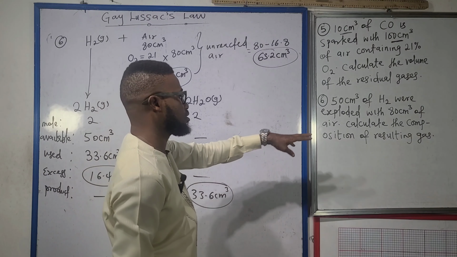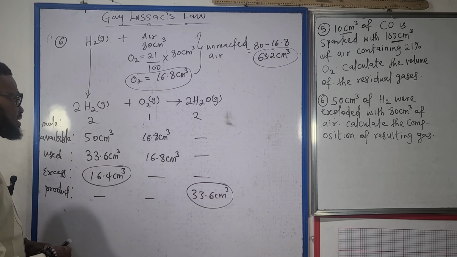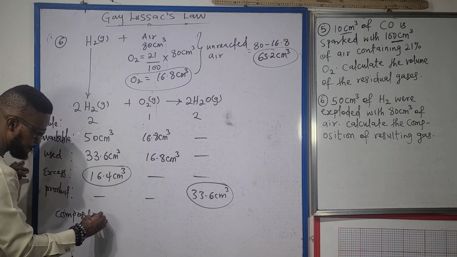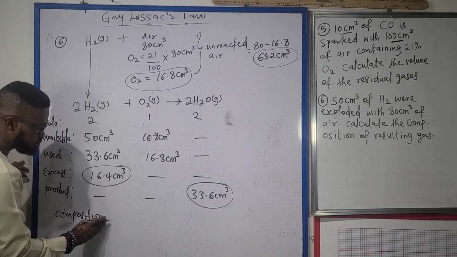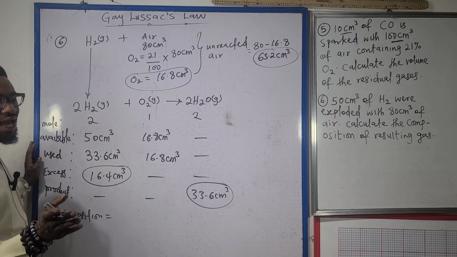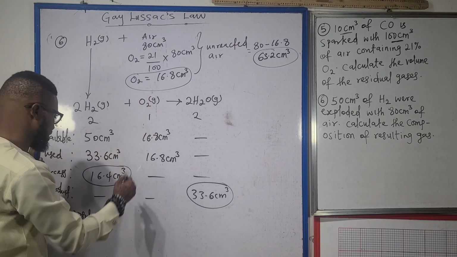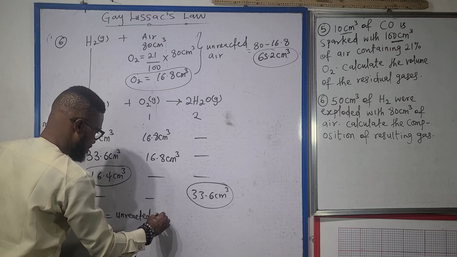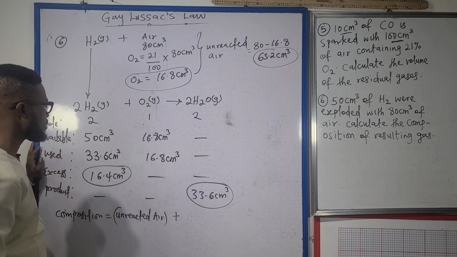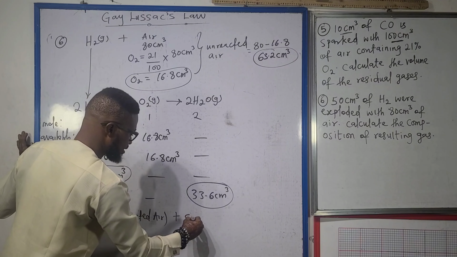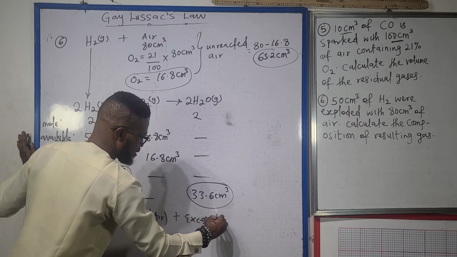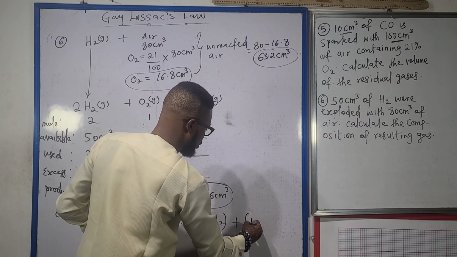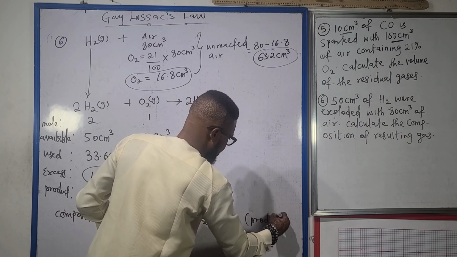We were told to calculate the composition of the resulting gas. In this case, the composition is the unreacted air, plus what we have in SS, hydrogen, plus the product that we have here.